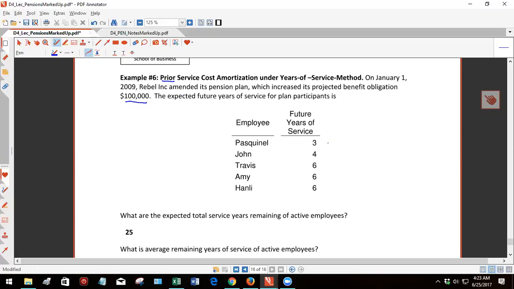So the actuary gives us future years of service, and this is by an employee, but usually what they'll have is by employee pool. So instead of Pasquinel, you'd have 100 employees with 3 years. Instead of John, you'd have 150 employees with 4, and so on. And then you do a weighted average. Here it's going to be a simple average, because just think of one employee in each pool.